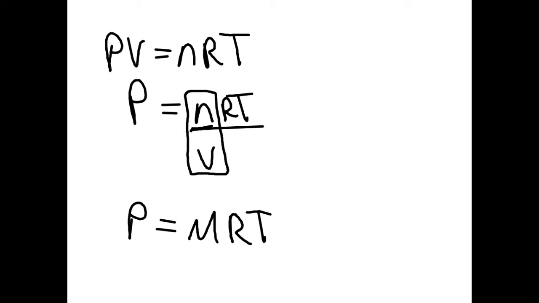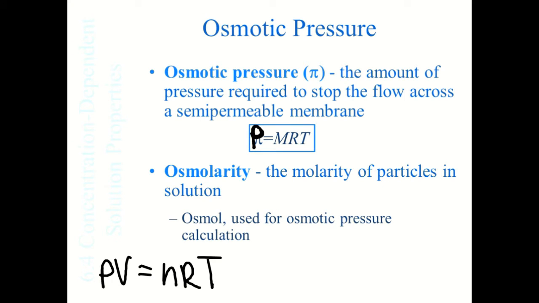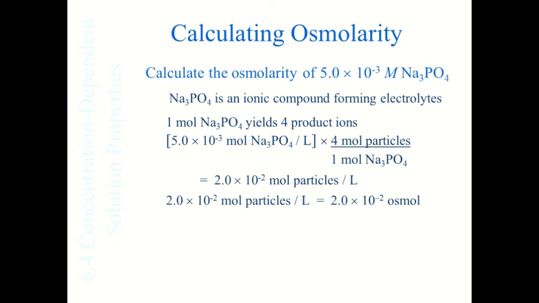Nothing real magical, that's it. So, that's the equation. The osmotic pressure is equal to MRT, but we need to also consider i. They haven't put it on these equations, but we don't want to forget it, because it's important to calculate the osmotic pressure: P equals iMRT.